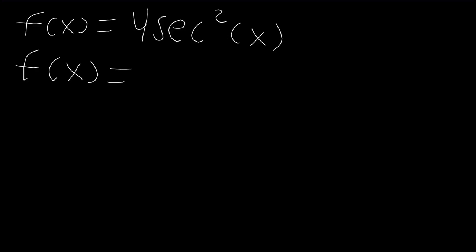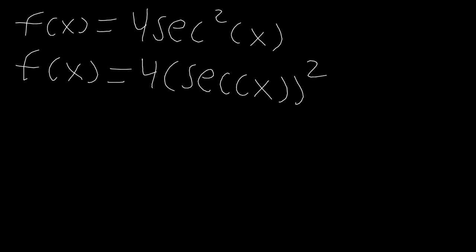It's hard to visualize what's going on. So let's bring it out. So it's going to be 4 times secant of x, all squared. Okay. So it's sort of like 4u squared, where u is secant x.